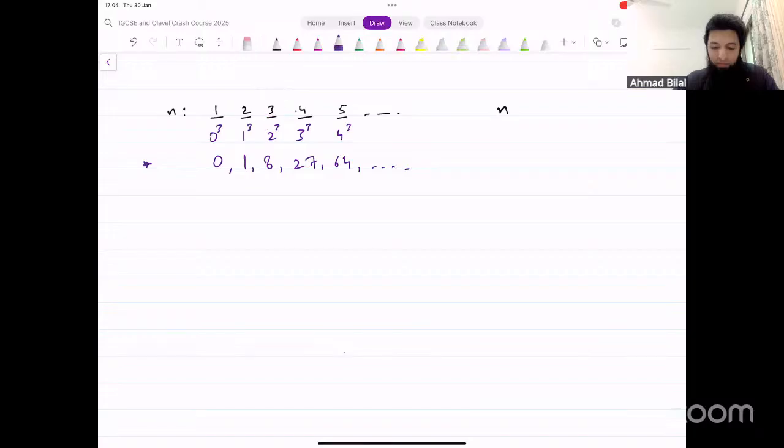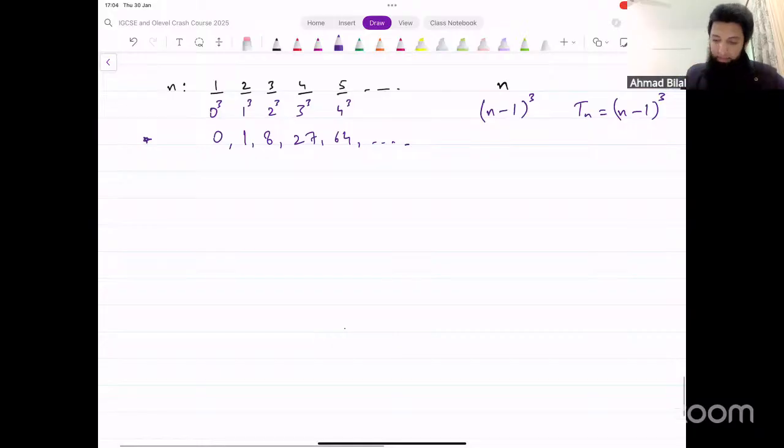For the fourth value, we're subtracting 1 and then taking the cube of that. Similarly for the fifth and so on. So what about the nth value? We would subtract 1 and then take the cube of that. And that will be the nth term formula of the sequence: n minus 1 whole cube. Okay, that's what you can do here. I hope that makes sense.